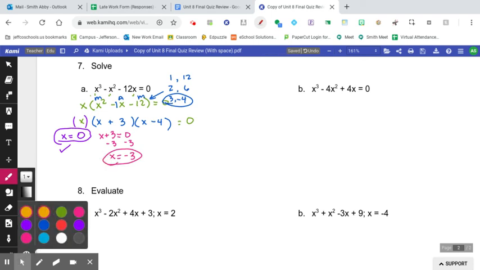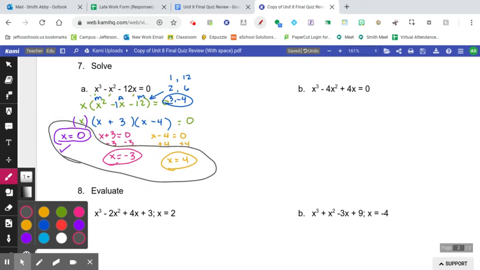And finally, x minus 4 is equal to 0. Add 4 to both sides, and I have x equals 4. So these are my 3 answers. For problem B, you could have up to 3 answers.